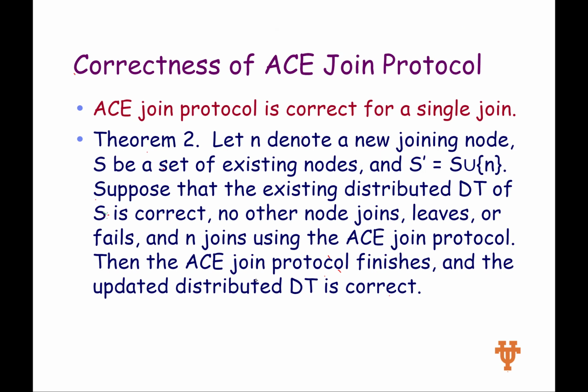So that is, they can prove if k is correct, k plus 1 is also correct. By induction, they can prove that if we run the joins serially, then it will eventually be a correct distributed DT.